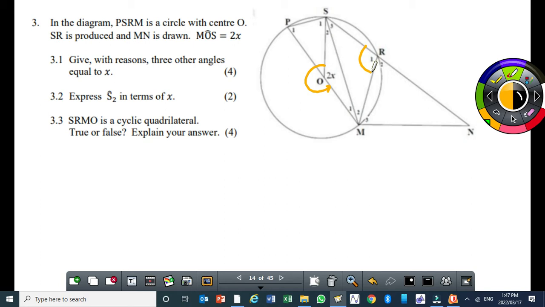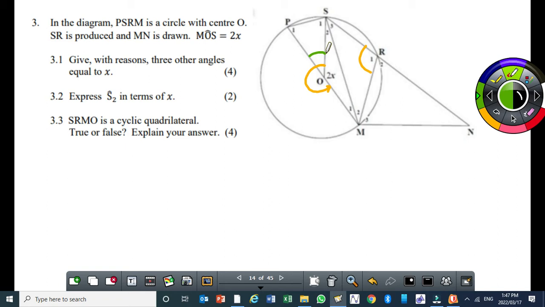Which means I can easily determine the size of R2 in terms of x. Furthermore, if you look at this whole shape here, I can determine the size of this angle. It's an angle at the center, and that angle is going to be 180 minus 2x.